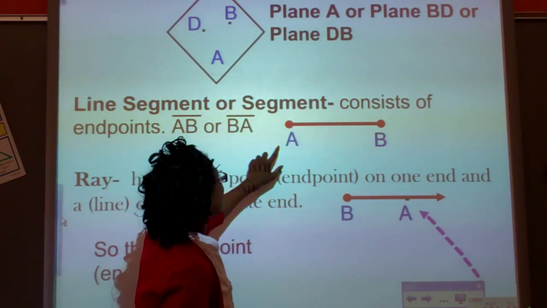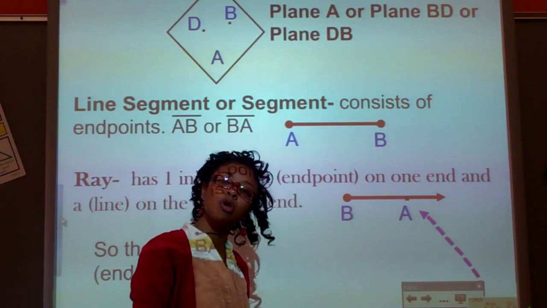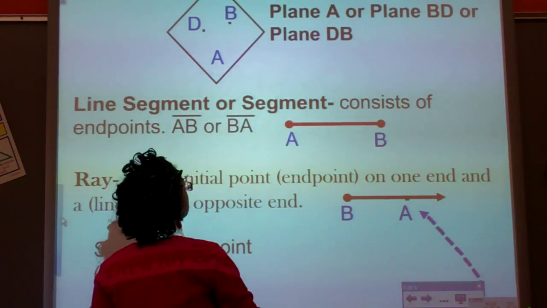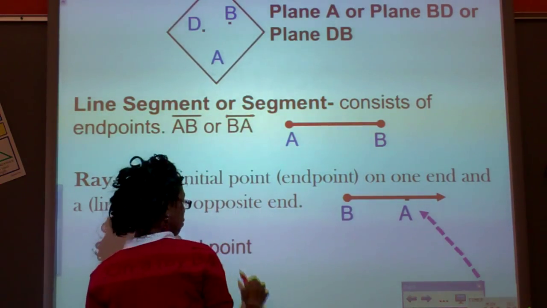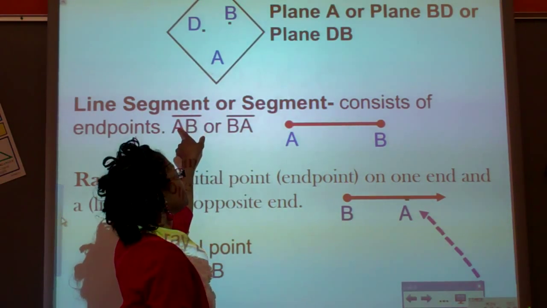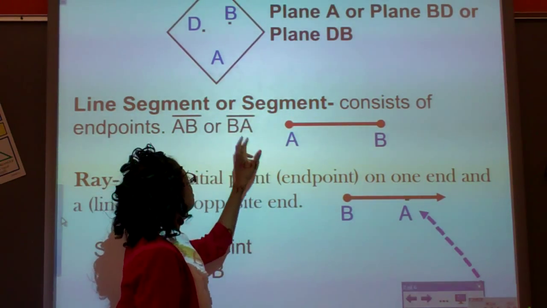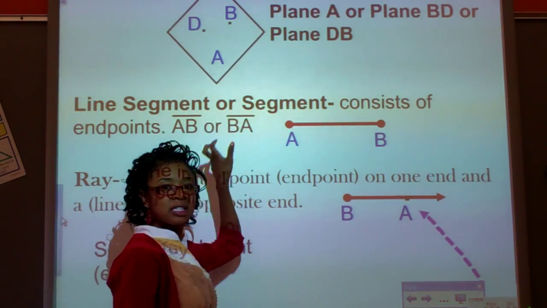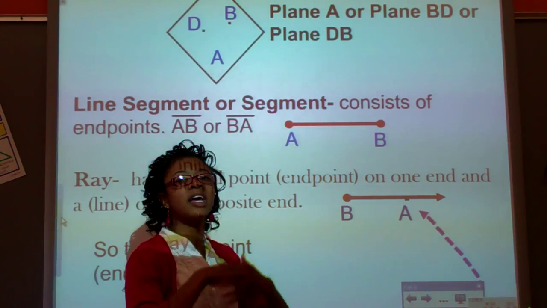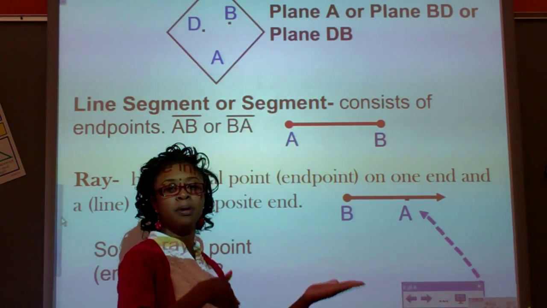We can call this segment AB, or we can also call it BA. Okay? I don't need the little dots on the end. This is fine. Just like that, you just draw a line, and this means line segment AB, or line segment BA, both meaning the same segment. And on this particular one, it doesn't matter which order you put, the B or the A.